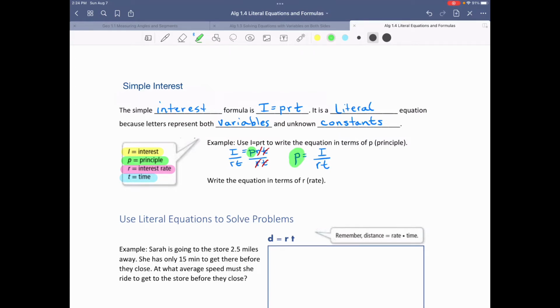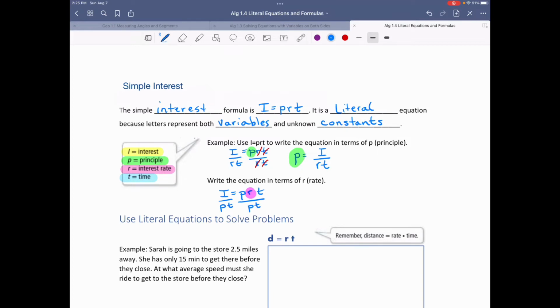And we're going to do the same thing, very similar. We're going to write the equation in terms of R, the rate. So we have I equals PRT, and this time we're solving for the rate. So we're going to divide by the PT on both sides.